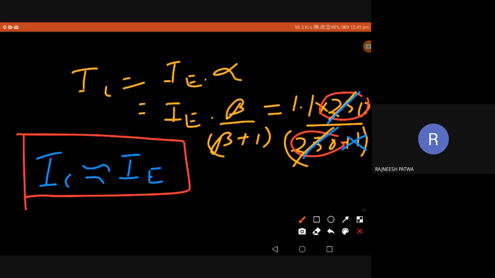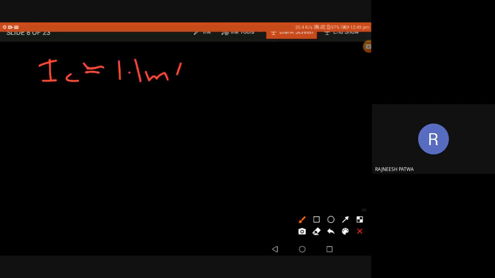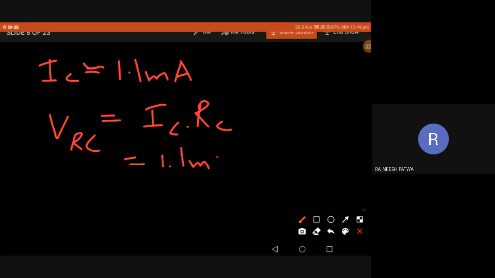Okay, so I got IC also. IC is around 1.1 milliampere only, same as IE. Now if you know IC, we can find the voltage drop across the collector resistance RC. That is IC into RC. IC we know, 1.1 milli, into RC. What was the value of RC?